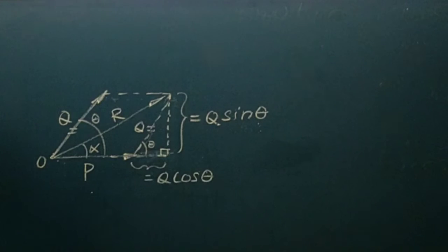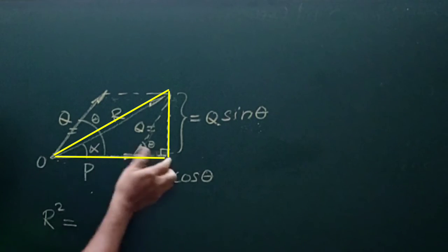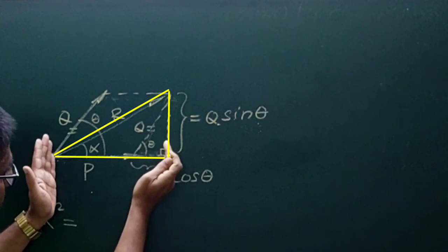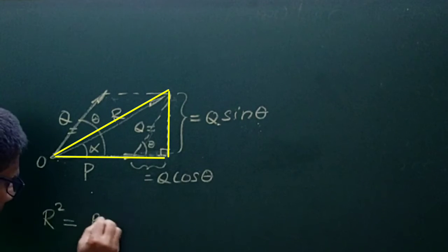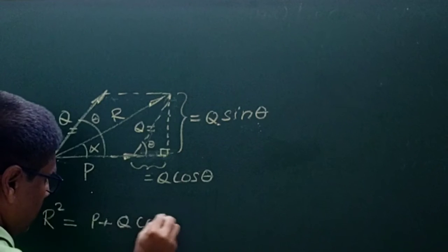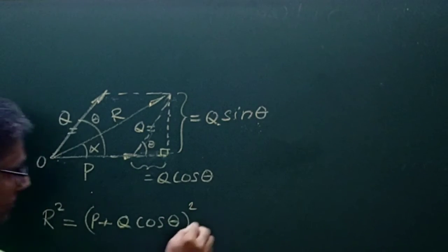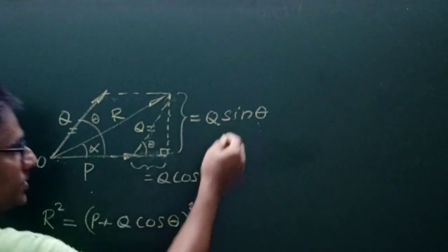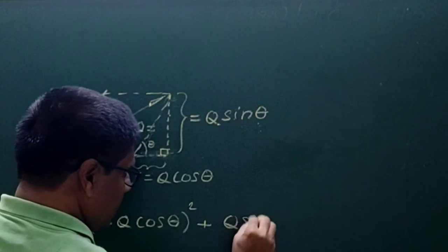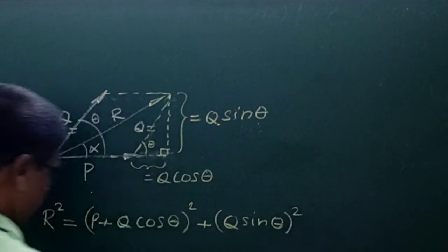Now according to Pythagoras theorem, R square is equal to base square. This total base is equal to P plus this thing Q cos theta, whole square, plus height square. Height is Q sin theta, whole square.